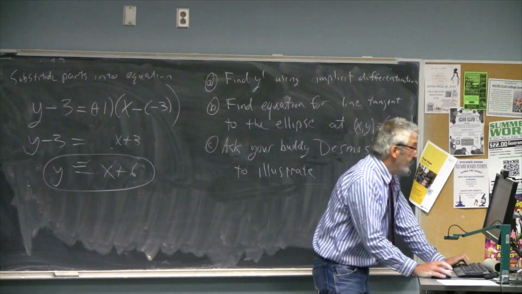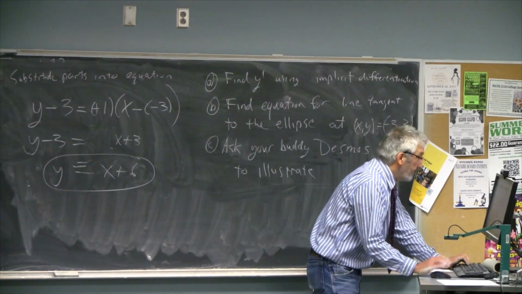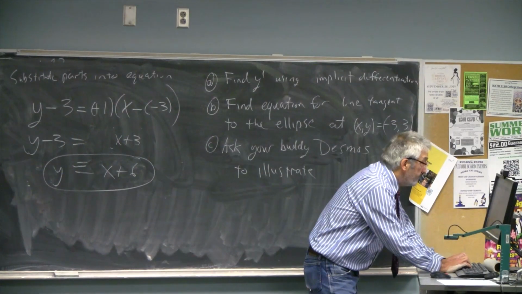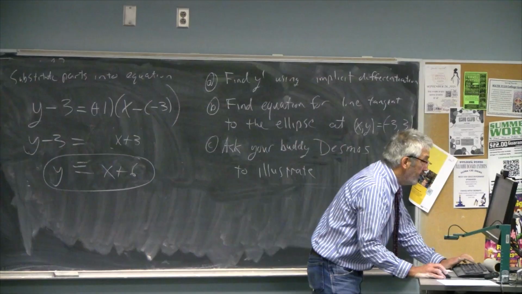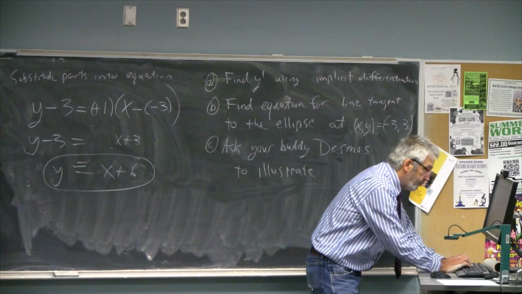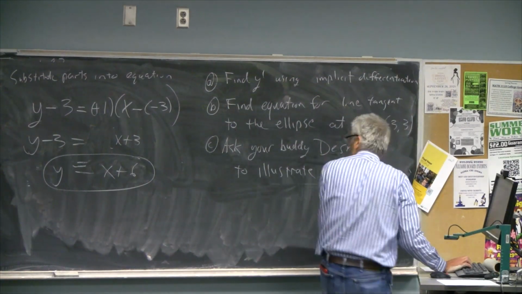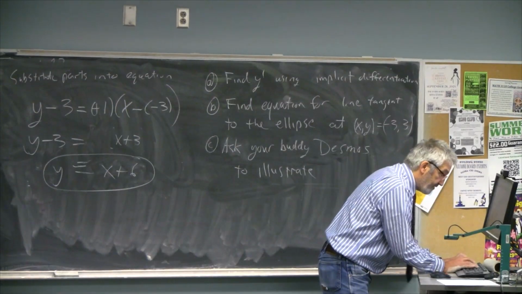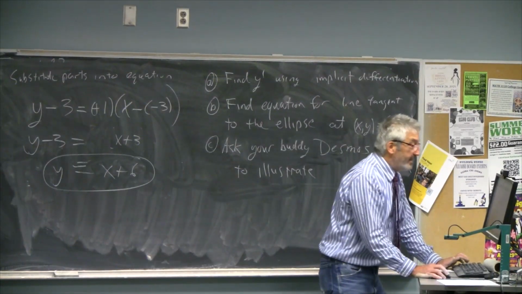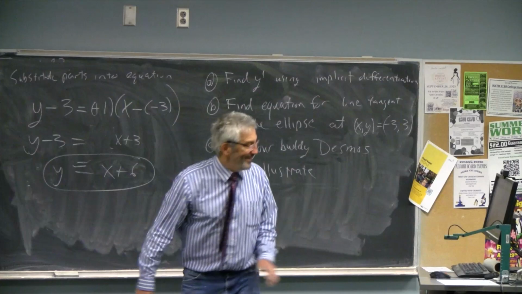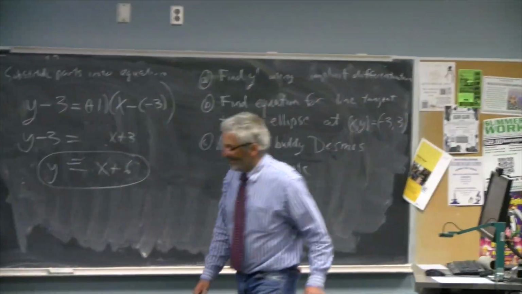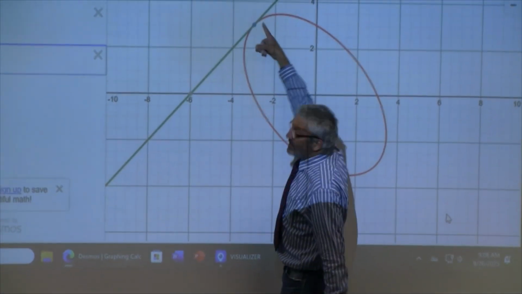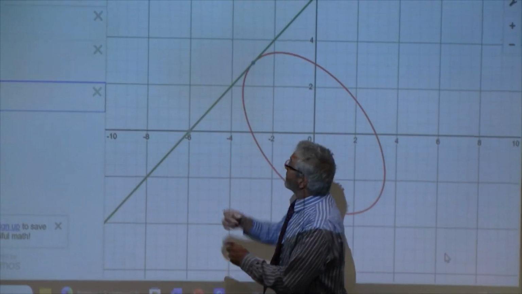There's our ellipse, and our point -3, 3 is there, and our line is y equals x plus 6. Isn't that amazing? Trust me, it's really cool. There it is. There's our ellipse. There's our point -3, 3. There's our tangent line.